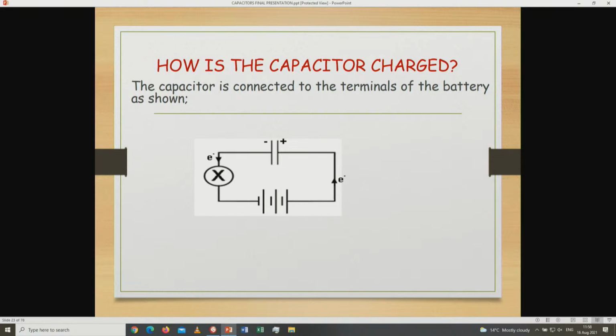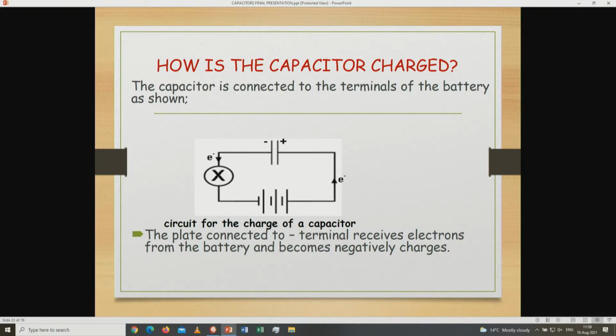Right, there we go. This is how capacitors are charged. In the circuit, the plate connected to the negative terminal receives electrons from the battery, as I've indicated, and now it will have an excess of negative charges, and eventually it becomes negatively charged.